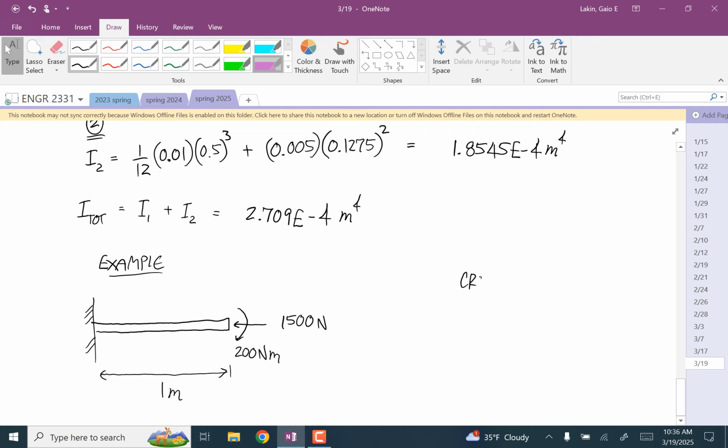And the cross section of this beam, so let's do it 2 times. We'll first do it with a square.